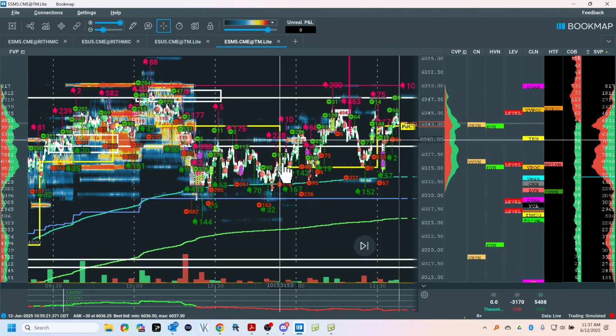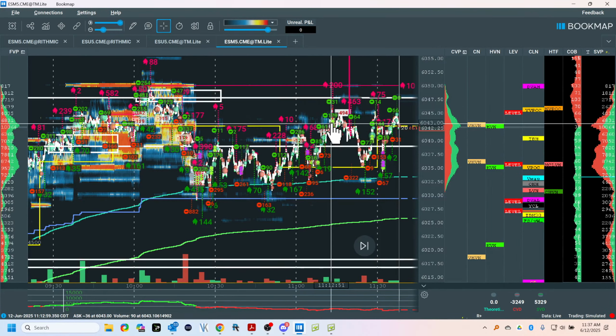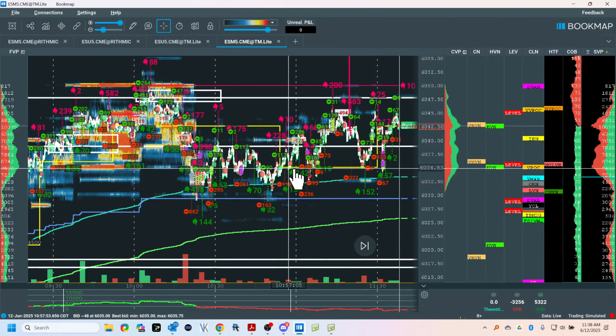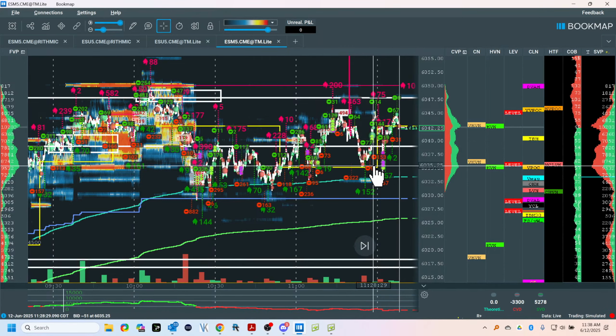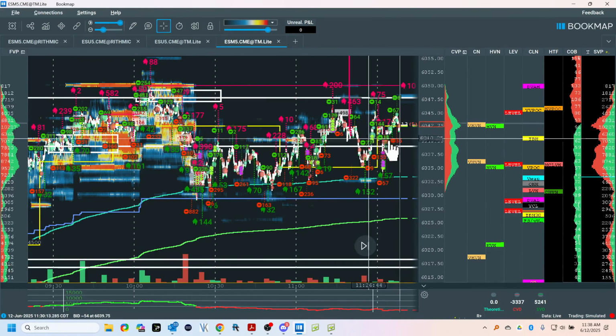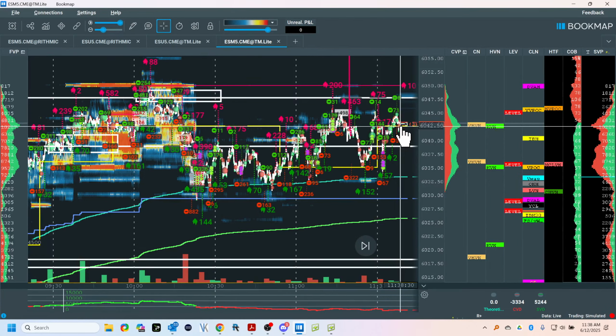No clue. Notice what we did here. Too high, buy sweep, counter rotation. To where? Too low. Test, too low. Where's too high? Here. Buy sweep, counter rotation. What happened here? Support, sell sweep, counter rotation. Can you see it?